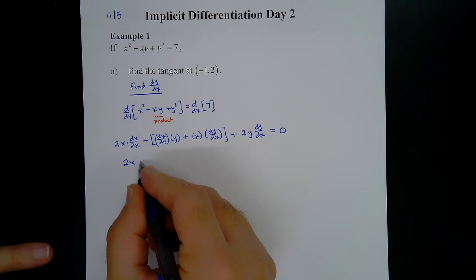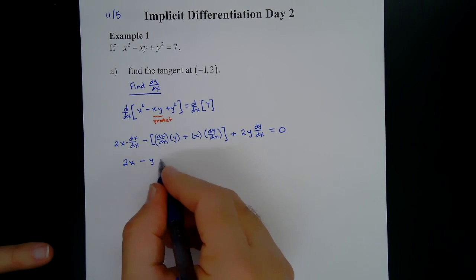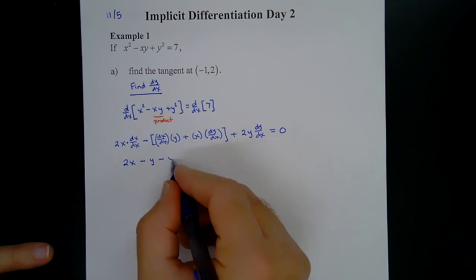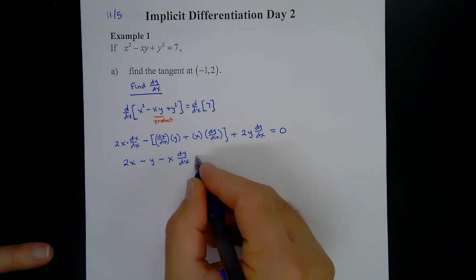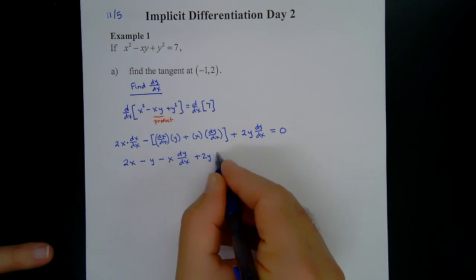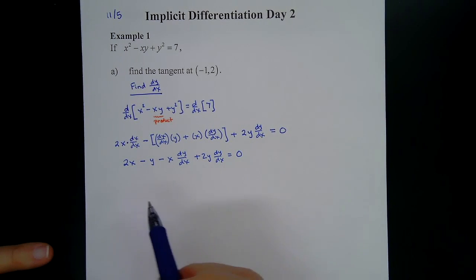Then minus y, and then minus x dy over dx, and then plus 2y dy over dx is equal to 0.